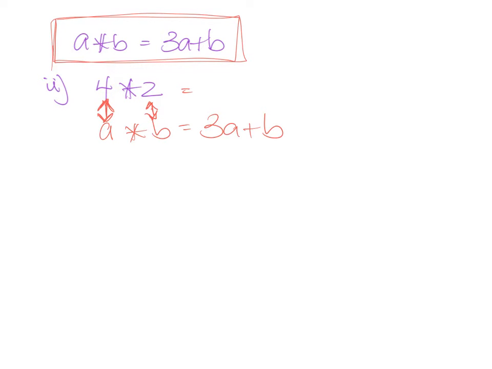So on this side it will be the same thing. A would have to be 4 and B would have to now be 2. So we'll get 3 by 4 is 12 plus 2, which will give us 14.